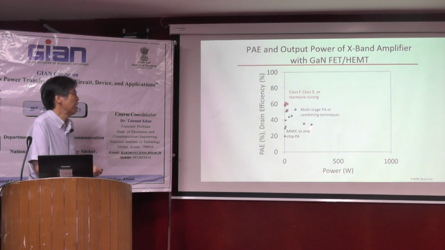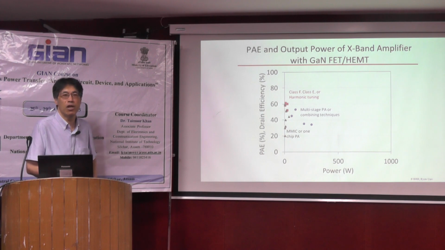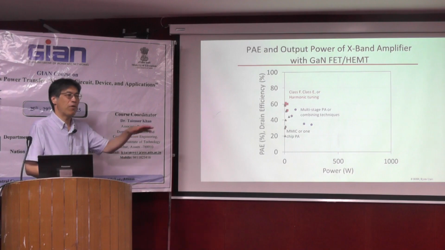So my student checked the journal papers, and when we consider the 10 GHz amplifier, efficiency decreases to around 60%, and the power is now 100 watt or 200 watt. It's a natural phenomenon.